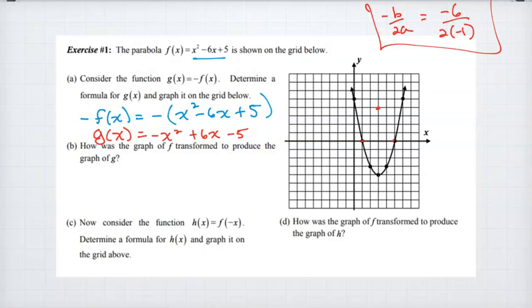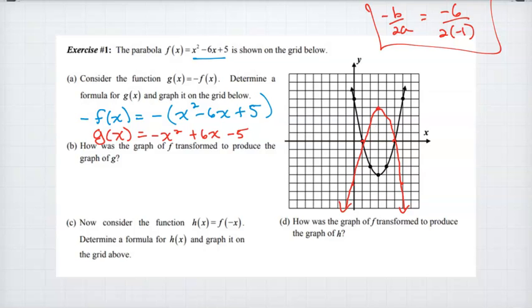Trust me. You can go ahead and use a graphing device for this, and you would get your zeros to be here and here, and you would get these points to be over 1, 2, right here and here. I had to count that out. So if I graph this on Desmos or on a graphing calculator, I would get that this parabola has been flipped upside down.